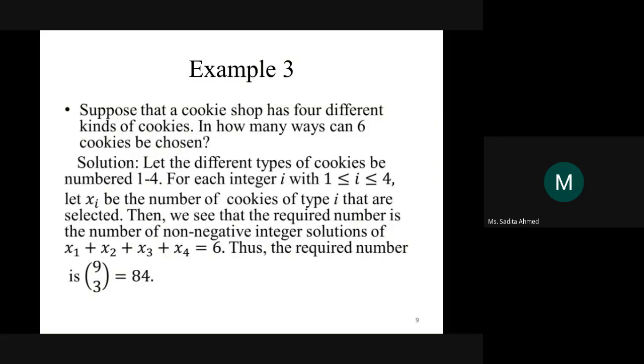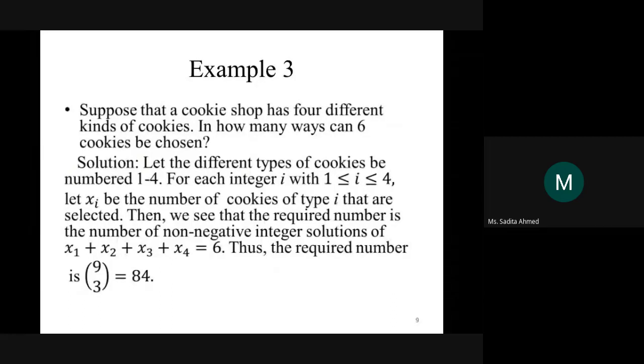You have cookie A, cookie B, cookie C, cookie D. These, let's say, are the four different cookies. I'm not talking about type now. I'm just talking about the cookie itself. Let's say the first cookie, second, third, fourth, where these four are all different cookies.